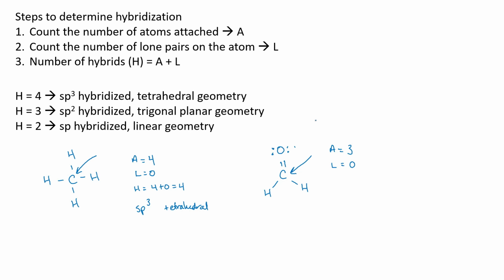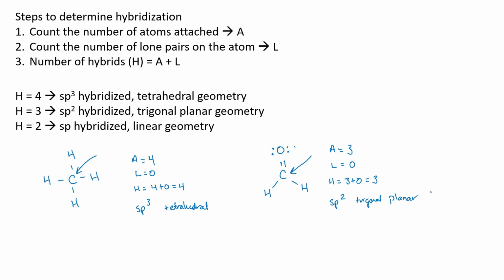So in this case, L equals 0, which means my value of H is simply 3 plus 0, which gives me an H of 3. So when H equals 3, you can see from my table up here, I have an sp2 hybridized carbon, and it has trigonal planar geometry.